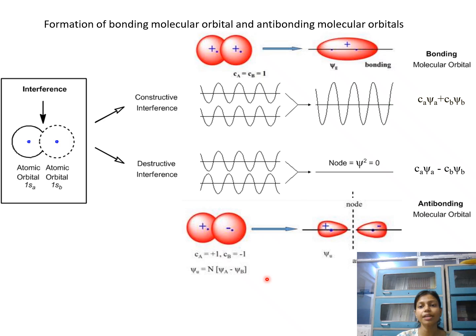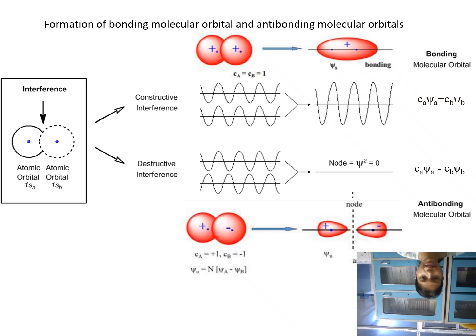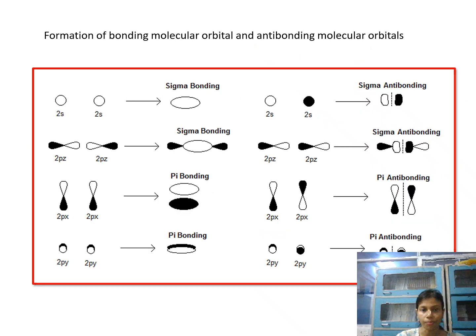when a bonding molecular orbital and when an anti-bonding molecular orbital is forming. When they are overlapping in the same phase, then it is bonding, and when they are overlapping in a different phase, it is destructive interference between the waves. So then an anti-bonding molecular orbital will form.